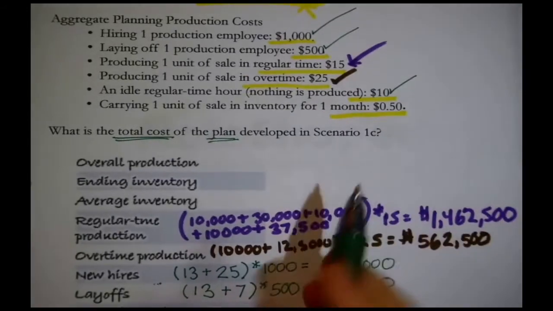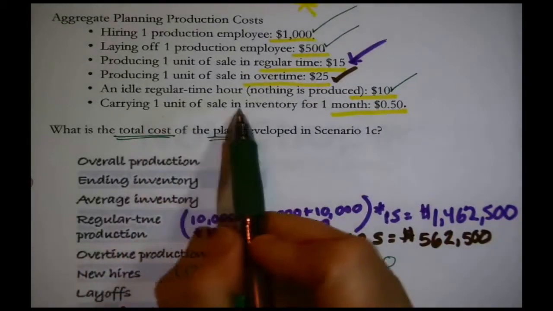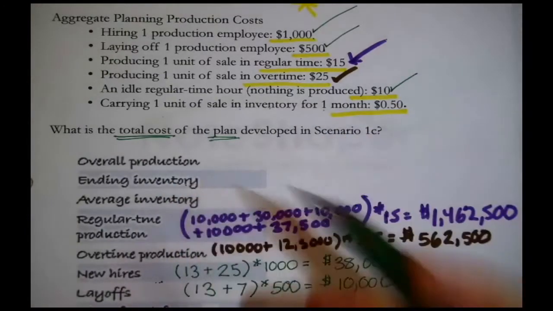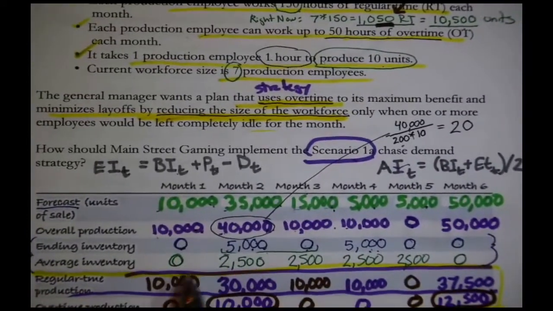It says cost of carrying 1 unit in sale and inventory for 1 month. We had calculated originally 2 different kinds of inventory: ending inventory and average inventory.